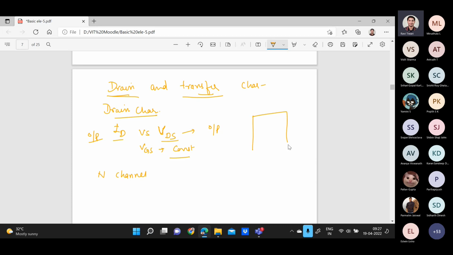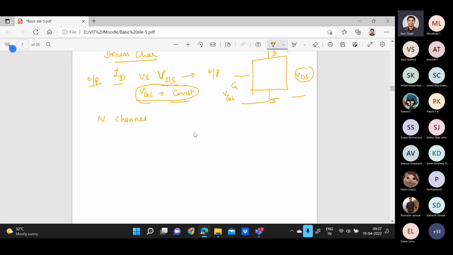Here we have the drain, the source, and the gate terminal. We apply VGS and VDS, and the drain current flows. If you plot the output current against the output voltage, keeping the input voltage VGS constant, it is called the drain characteristic.